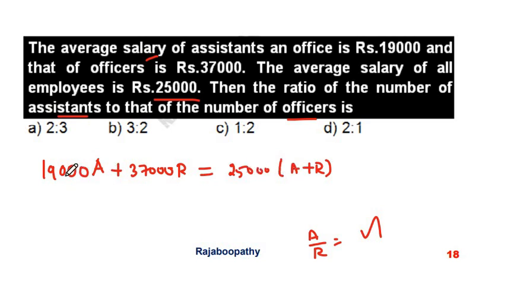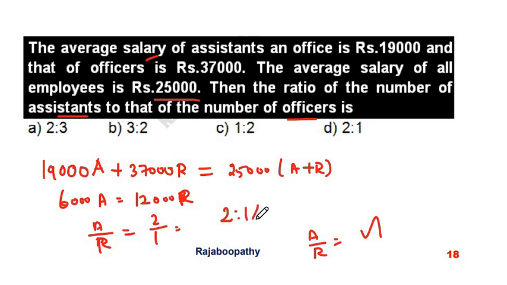So, 25,000 minus 19,000 is 6,000 A. R comes here, so this is 12,000 R. So A is to R is 2 by 1. So the answer is 2 is to 1. But this problem can be answered simply in a shortcut using the average mixture alligation concept.